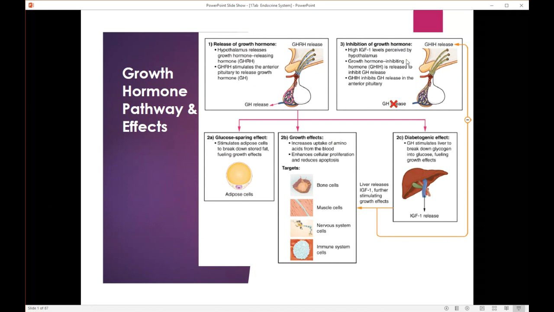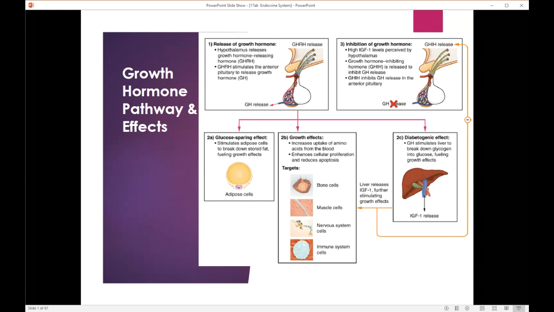Okay. And then we have growth hormone inhibiting hormone right here. So this is an inhibition of that growth hormone. And that happens here because we have what's called a diabetogenic effect. The growth hormone stimulates our liver to break down glycogen into glucose. Remember, glycogen is glucose plus glucose plus glucose, right?